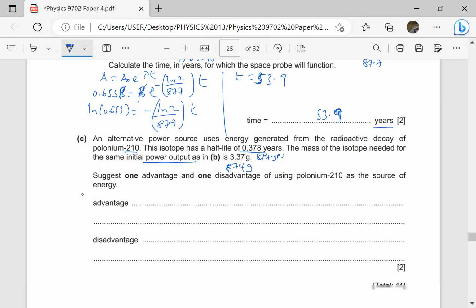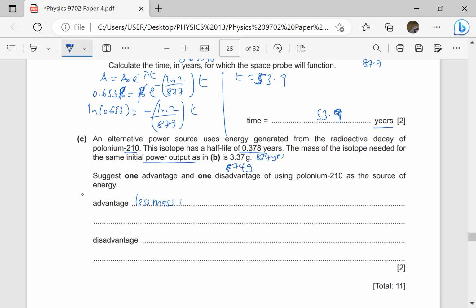Suggest one advantage and one disadvantage of using polonium as the source of energy. We have seen an advantage already. One advantage: less mass is used in this case. So less energy is needed to get the probe into space.